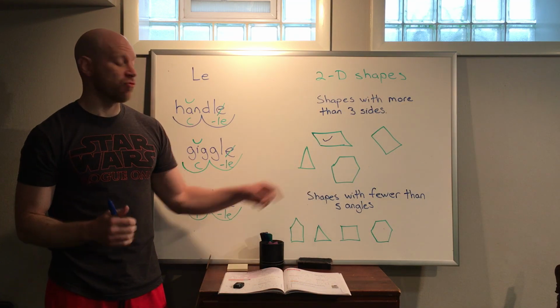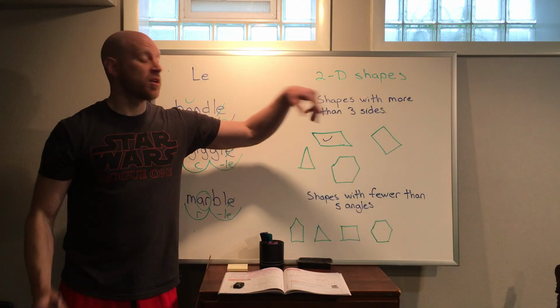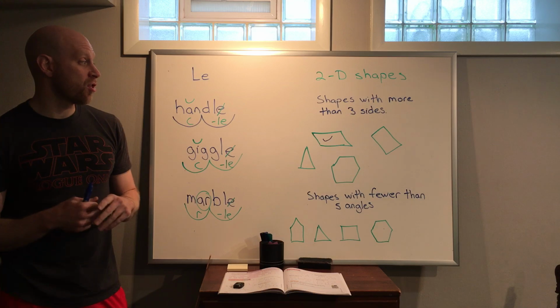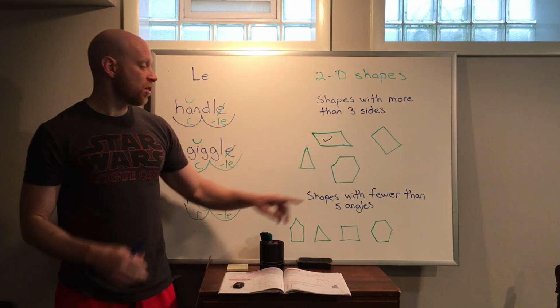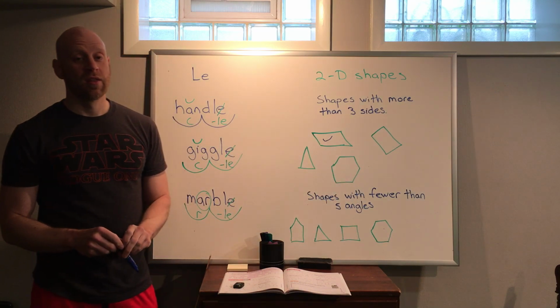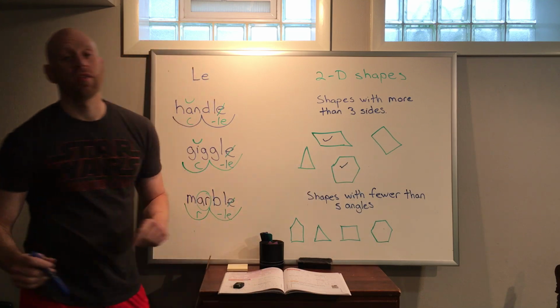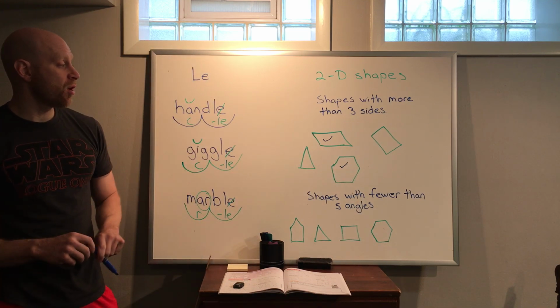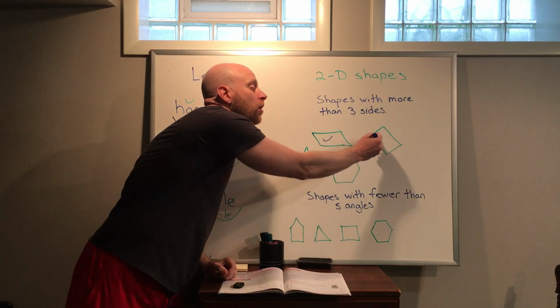We have 1, 2, 3 sides. That does not meet our rule because it does not have more than 3 sides. Here we have our hexagon. We have 1, 2, 3, 4, 5, 6. That definitely meets our rule, so more than 3 sides. And we have another quadrilateral which has more than 3 sides as well, so that follows our rule too.